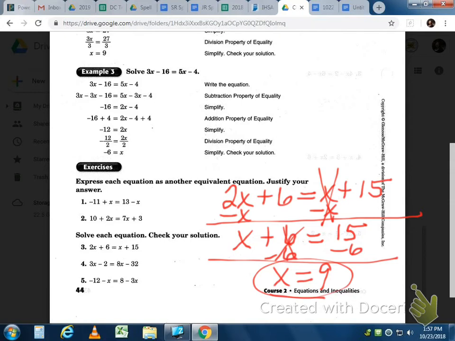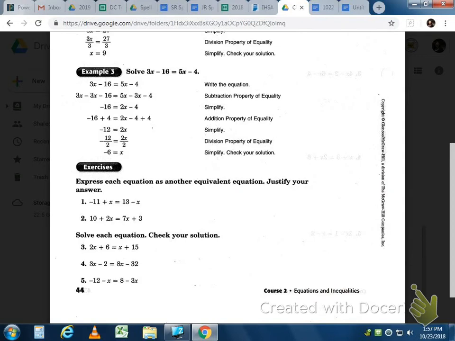All right, let's look at number 4. 3x minus 2 equals 8x minus 32. Okay, Emily, which one's smaller, 3x or 8x? 3x. How do I move 3x? If I have 3x there and I add 3 more x to it, does that make it go away?